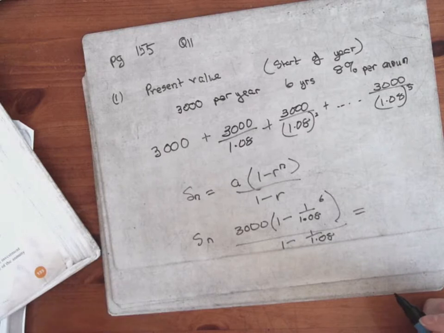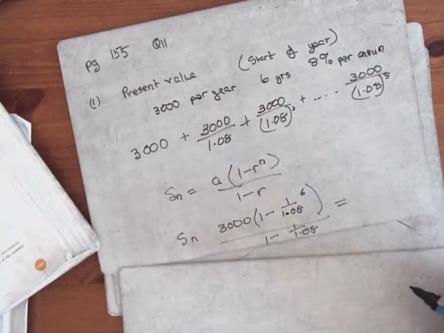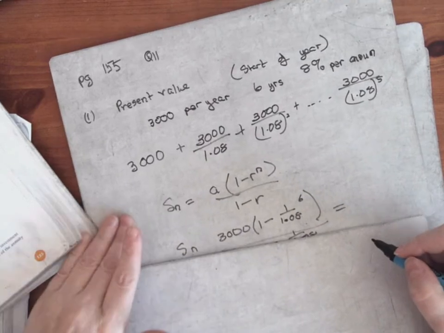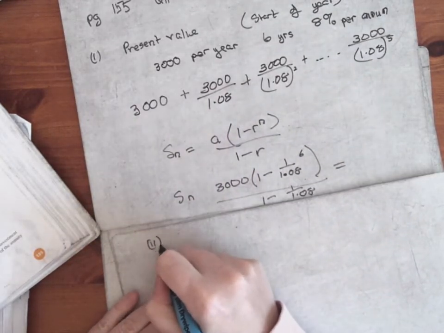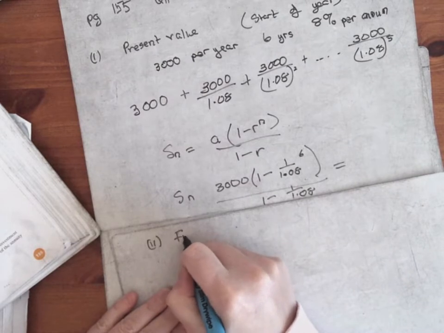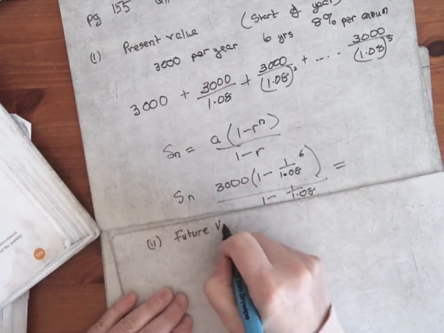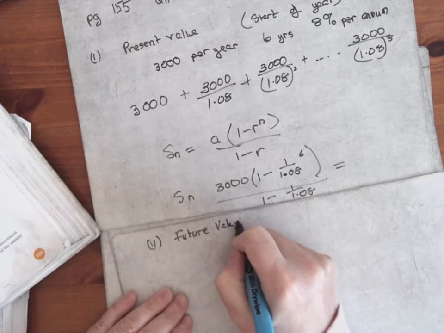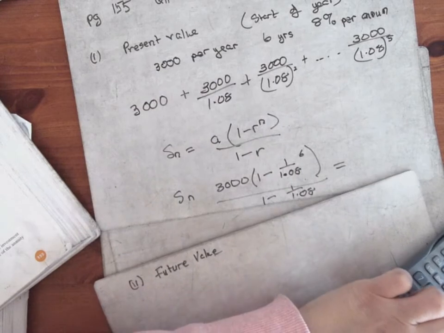Okay, I did the future value yesterday, but I'll do it again just for completeness. Okay, so for completeness, the future value is, right, actually I'm going to work out all that there, because it's just important that I talk about it. Okay, so I'm just going to work it out.